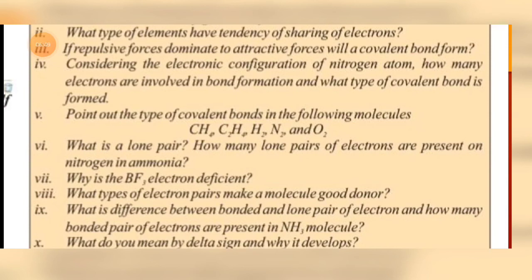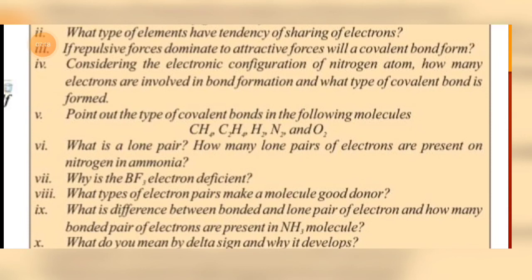What is the difference between bonded and lone pair of electrons, and how many bond pairs of electrons are present in the ammonia molecule? Bonded electrons are those which participate in the bond, and lone pair electrons are those which do not participate in bond formation, but both are present in the outer shell.